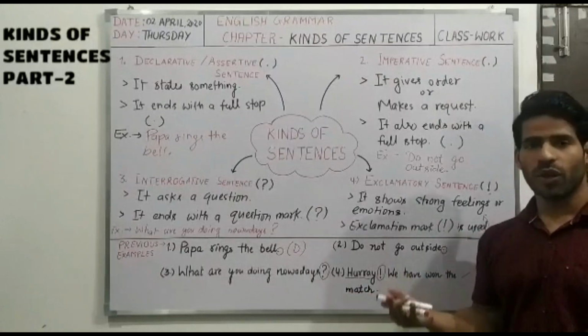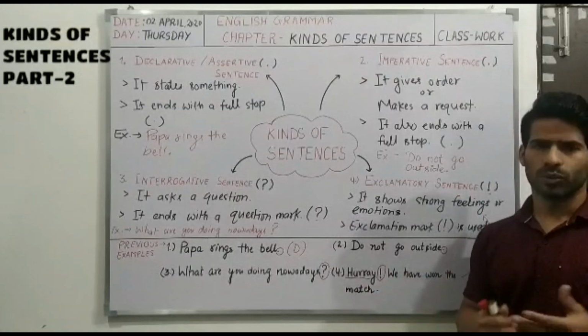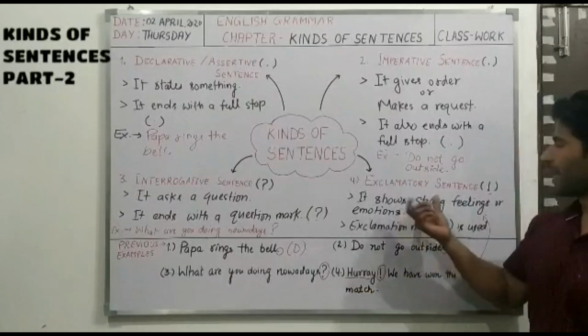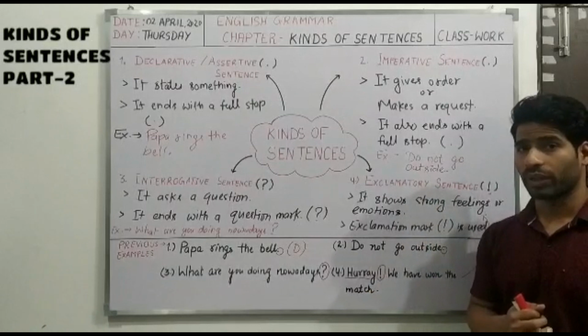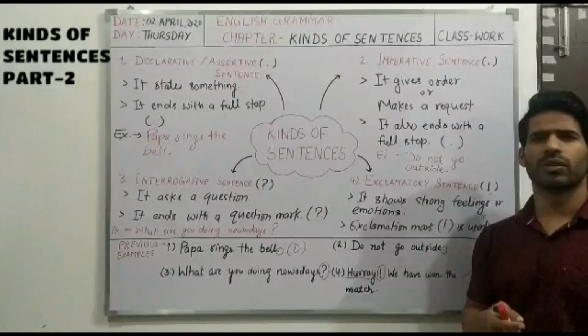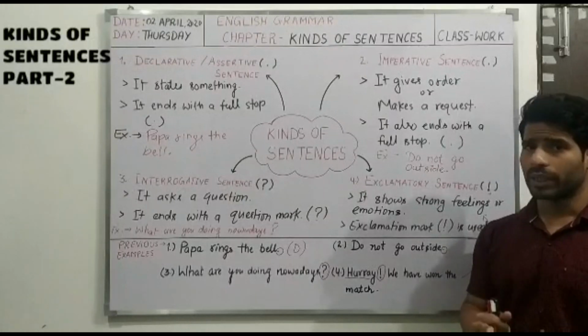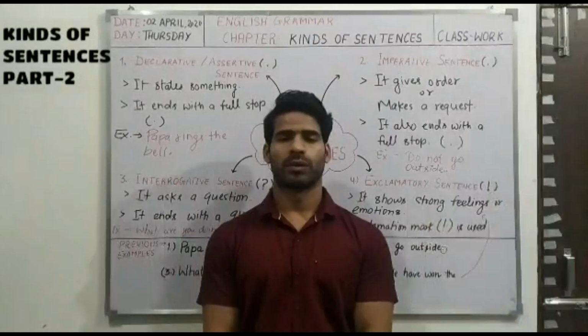Hooray, we have won the trophy, or hooray, I have won this certificate. So basically all those words which show a feeling will be considered as exclamatory sentences. And not only happy feelings, but sad feelings or feelings of confusion, feelings of disturbance, any kind of feeling will be considered as an exclamatory sentence when we write it, right?